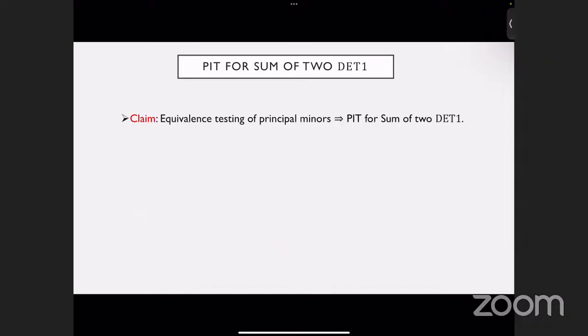So now we make this claim that PIT for the sum of two polynomials from class state 1 reduces to an instance of equivalence testing of principal minors. So in the last slide I discussed that the sum of determinants of two polynomials from class state 1 can be represented by a pair of matrices.